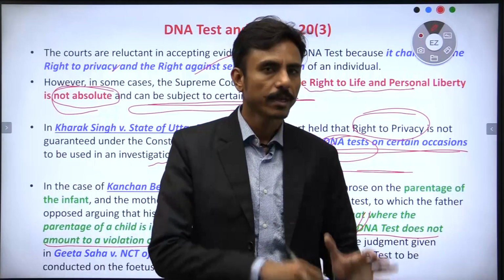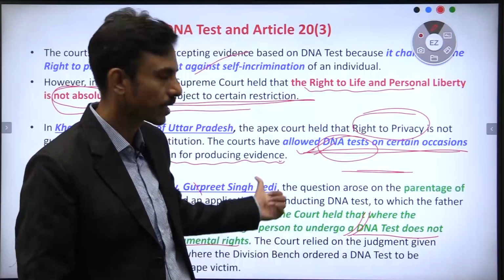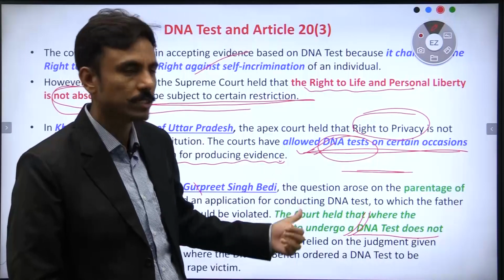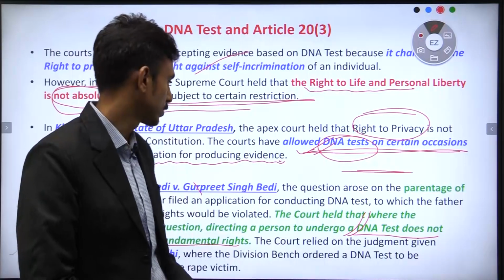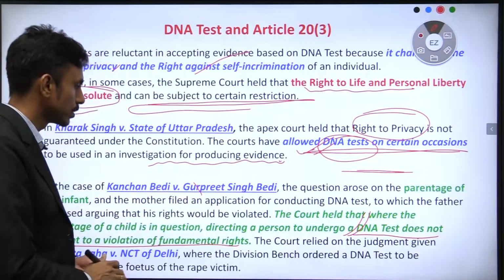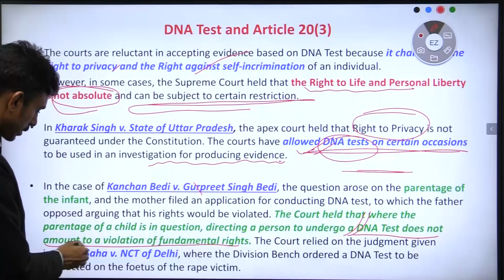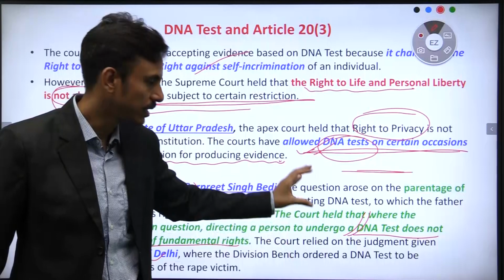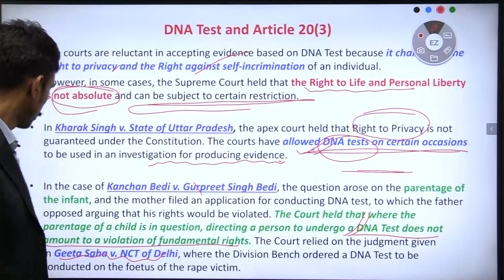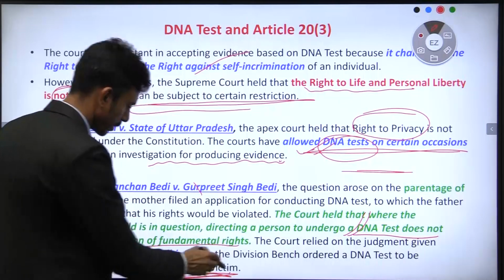So in extraordinary circumstances, or in the cases being decided by the court, such polygraph tests or biological tests can be used, right? The court relied on the judgment given in Geeta Saha versus NCT of Delhi, where the division bench ordered a DNA test to be conducted on the fetus of the rape victim, right?